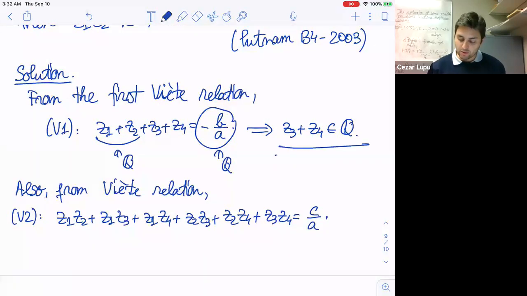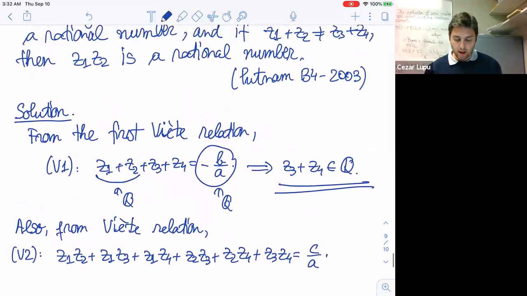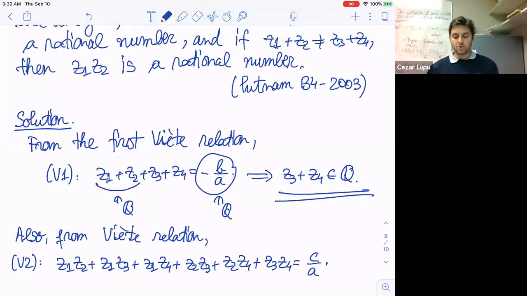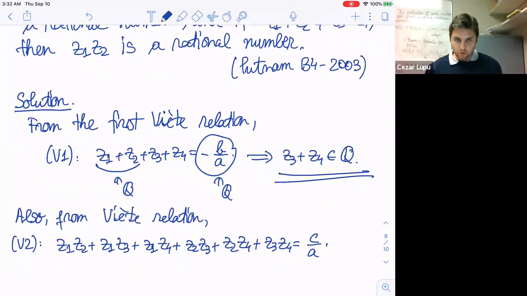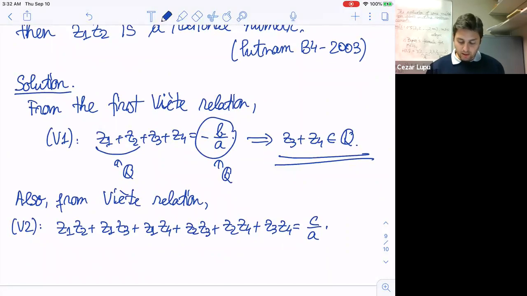So we want to use this information. But also keep in mind that we have to prove that z1z2 is a rational number. So maybe I should do something here. And if we look closely, we can do something indeed about it.